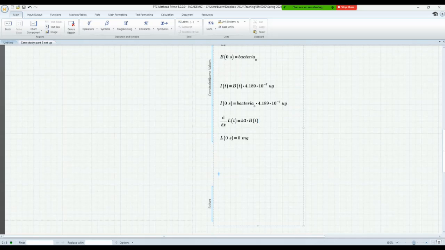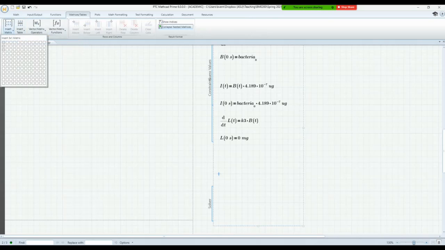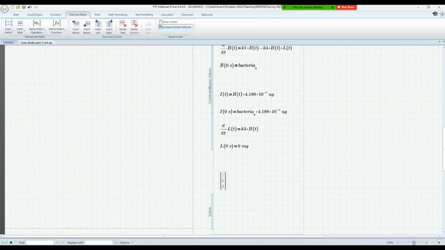So now we're going to set up the solution solver here. There's 3 equations, and we're solving for the bacteria, the insulin, and the lactic acid. It's all going to be equal to ODE solve.